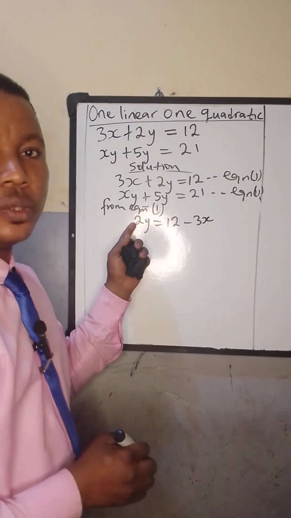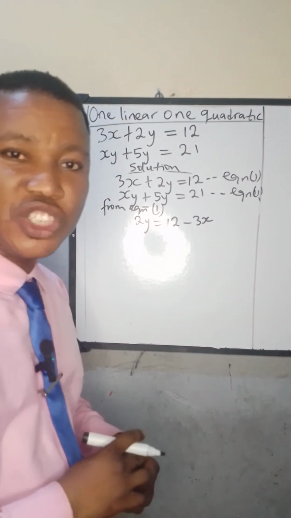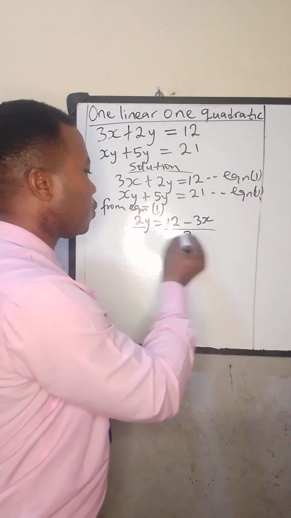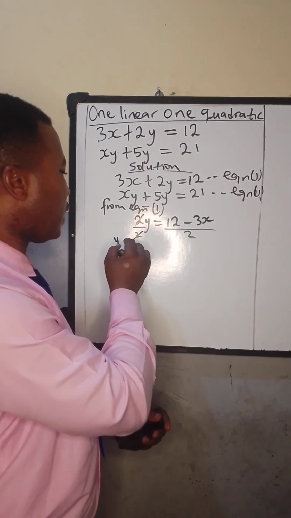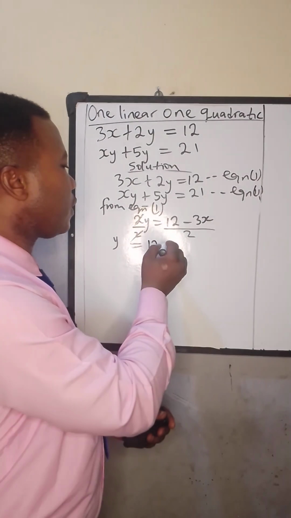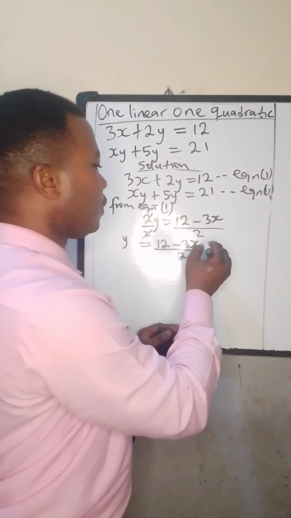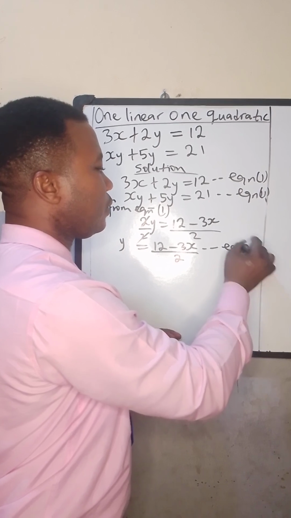Of course, we still have 2 attached to the y, so we divide both sides by the coefficient of y, which is 2. So all over 2, all over 2. This will cancel out here. So we now have y is equal to 12 minus 3x all over 2 as equation 3.